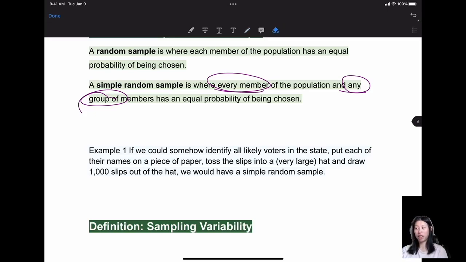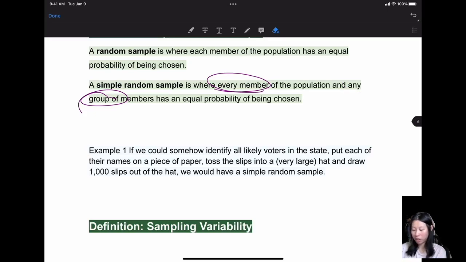If we repeatedly take samples of 1,000 people from among the population of likely voters in the state of Washington, some of these samples might have a slightly higher percentage of Democrats or Republicans than the general population does. Some samples might include more older people, and some samples might include more younger people. In most cases, this sampling variability is not significant.